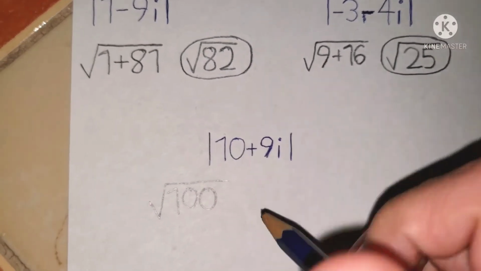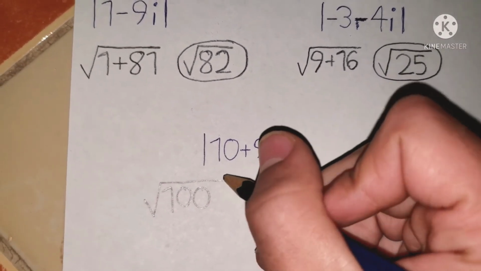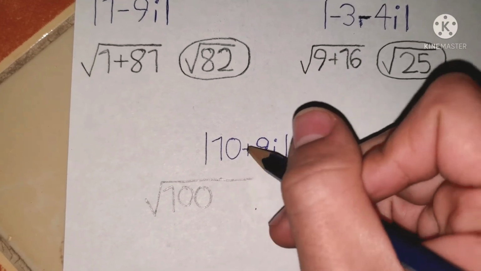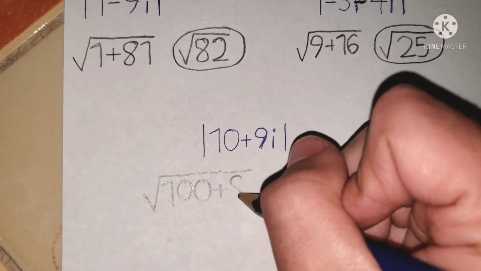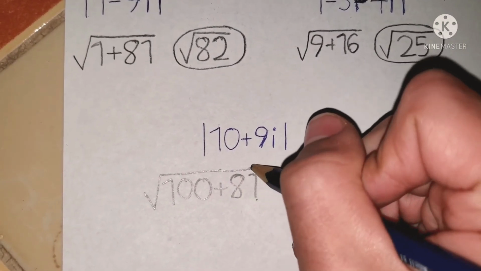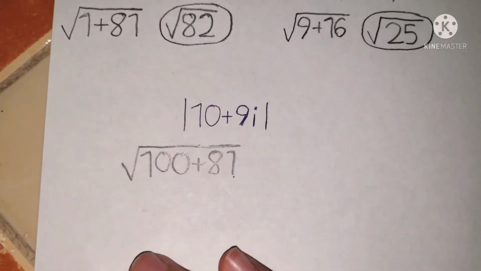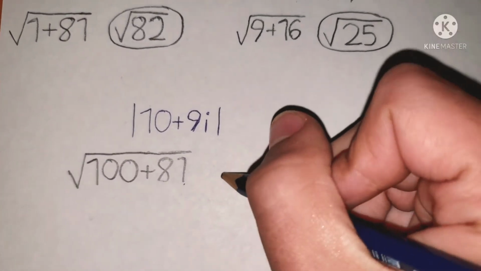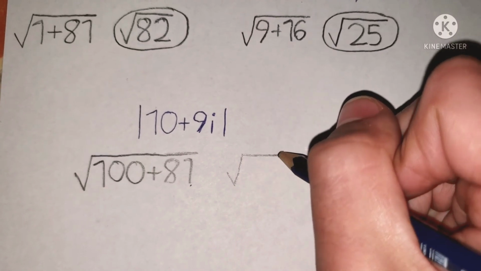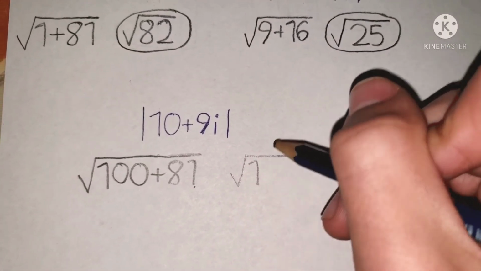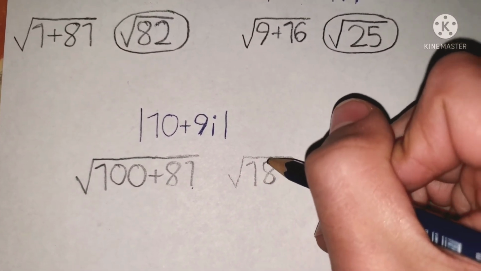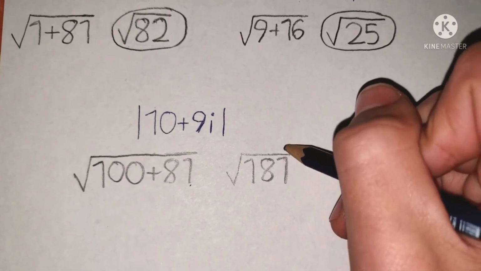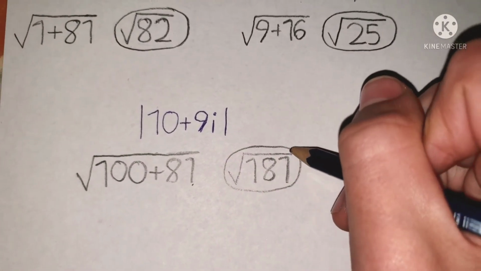And like the last question, 9 becomes 81, except for this one is positive. So 100 plus 81 is going to be 181. So there you go, guys.